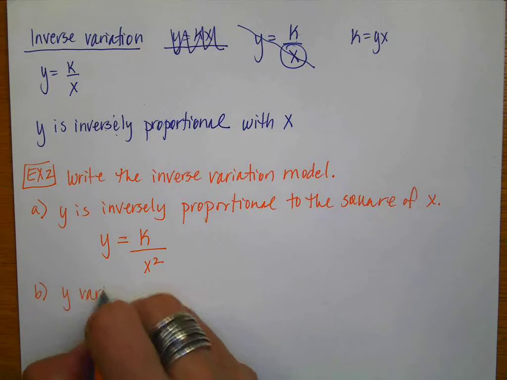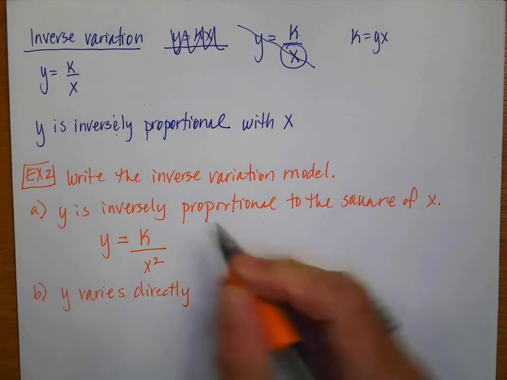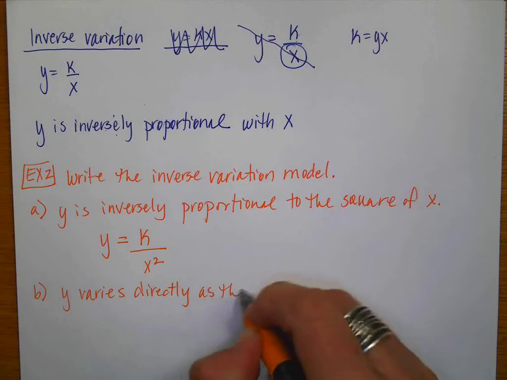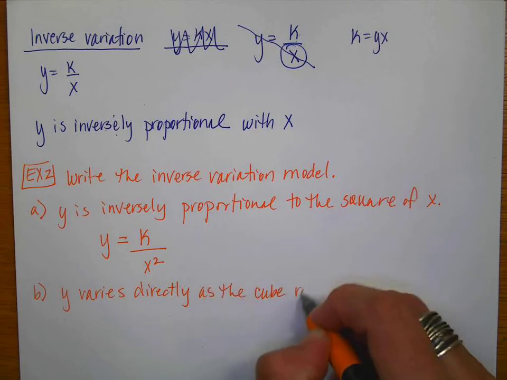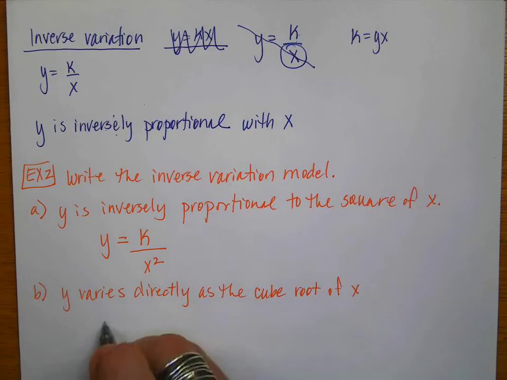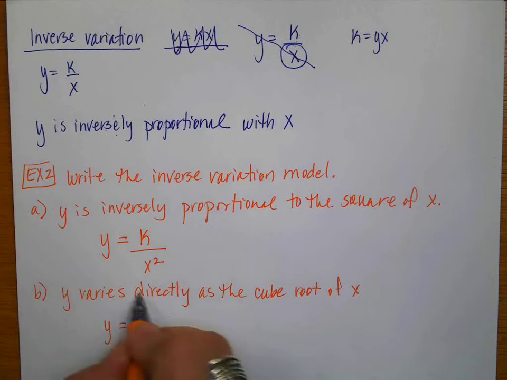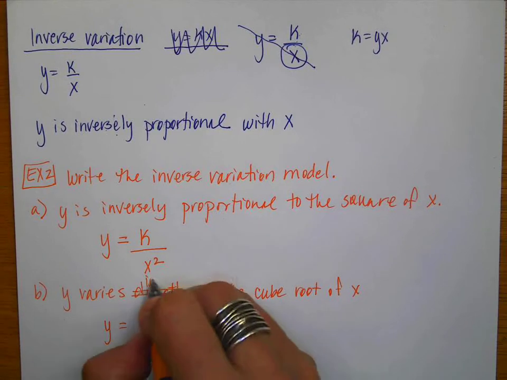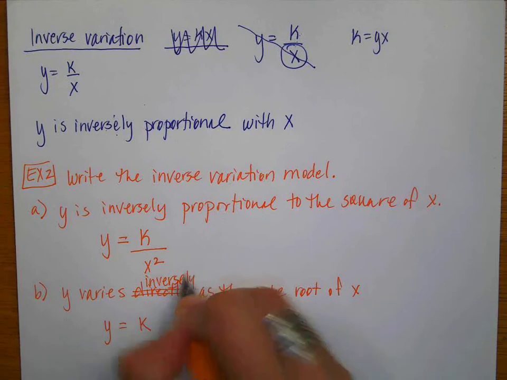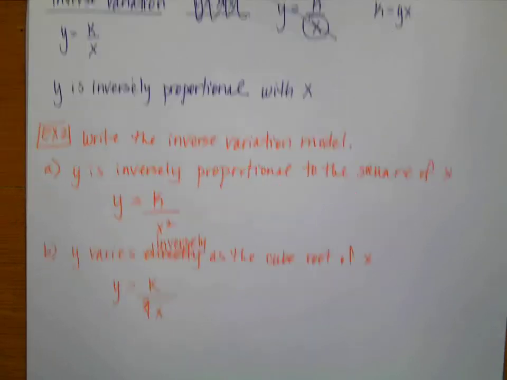The B one, y varies directly, that was really bad grammar by the way, sorry, as the cube root of x. So I'm going to write as I read. Y varies directly, oops, my bad, this should say inversely, because we've already done directly, inversely as the cube root, so that's going to be the cube root of x, okay?